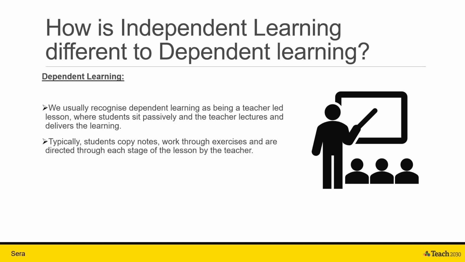So firstly, I'll talk about what dependent learning is. In dependent learning, this is where we usually recognize learning as being a teacher-led lesson, where students sit passively and the teacher lectures and delivers the lesson.